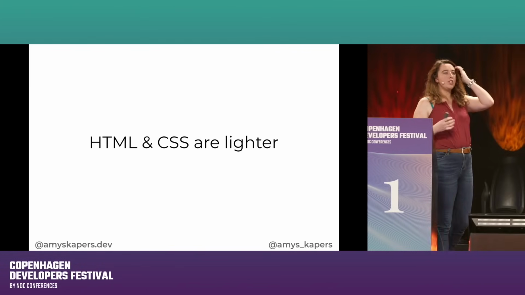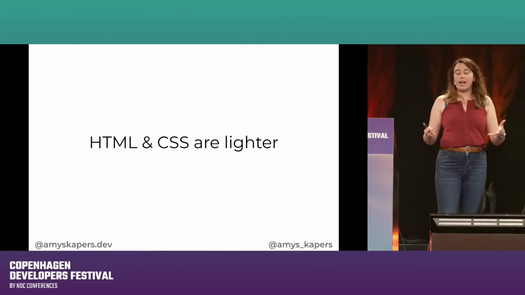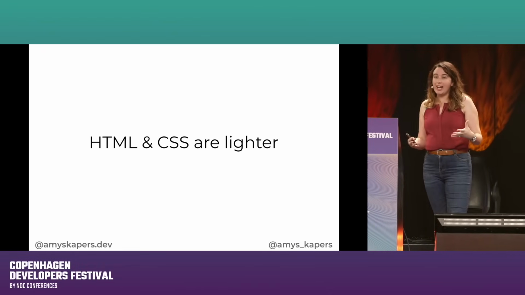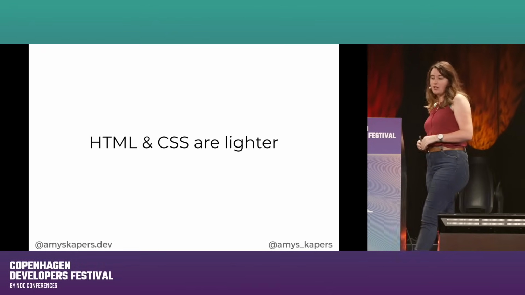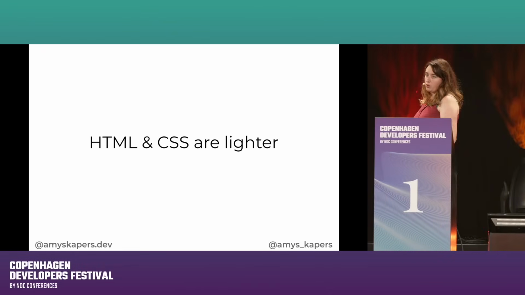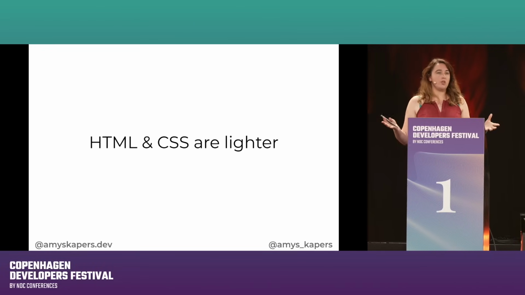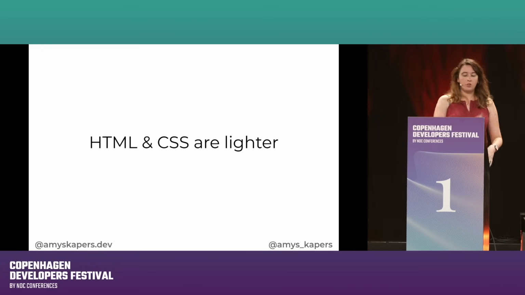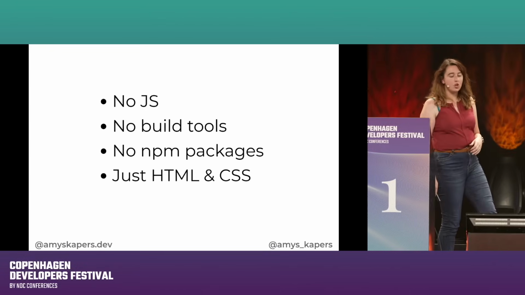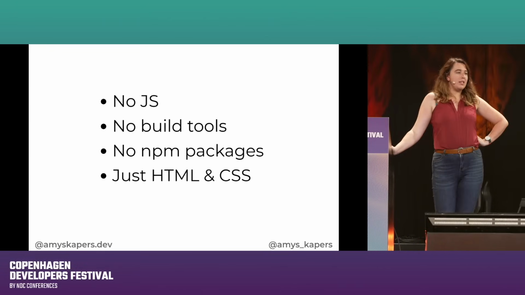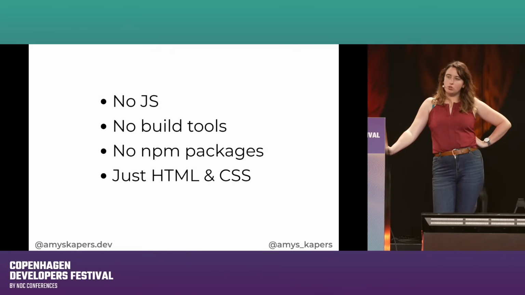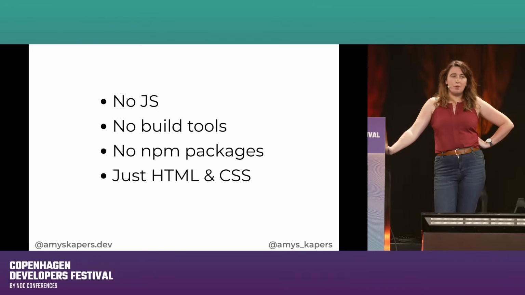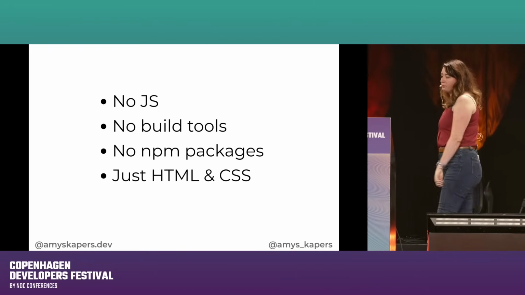The thing is, HTML and CSS, in a lot of cases, are much lighter tools to use. So we're going to go through today, and we're going to build a bunch of things using HTML and CSS only. I'm talking no JavaScript. That means no build tools using JavaScript, no NPM packages, just HTML and CSS.